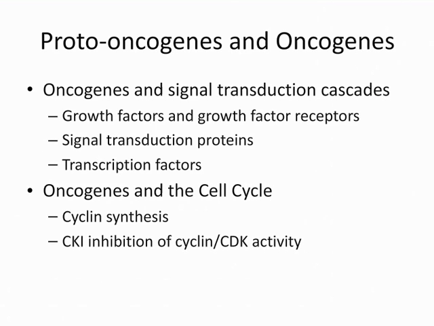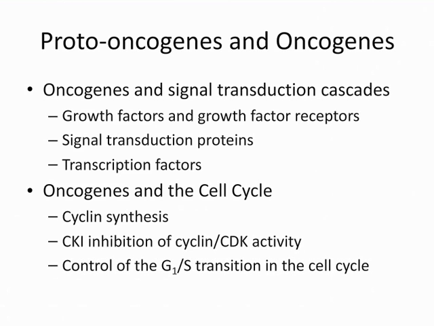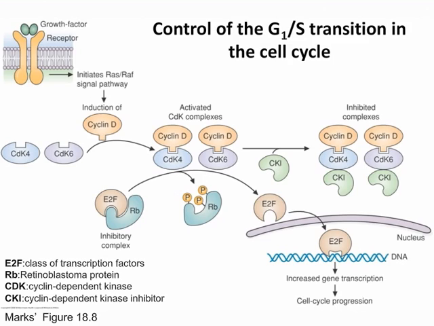So now that we have an idea of cyclin synthesis and CKI inhibition in the cell cycle, we can talk about the control of the G1 to S transition. Alright, so this is how we control the G1 to S transition in the cell cycle. So let's say we have a growth factor. Growth factor binds to the receptor and then produces a signal cascade.